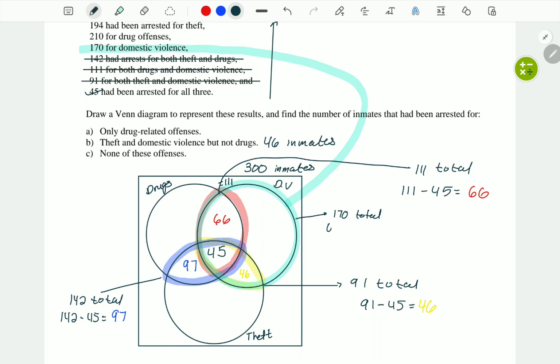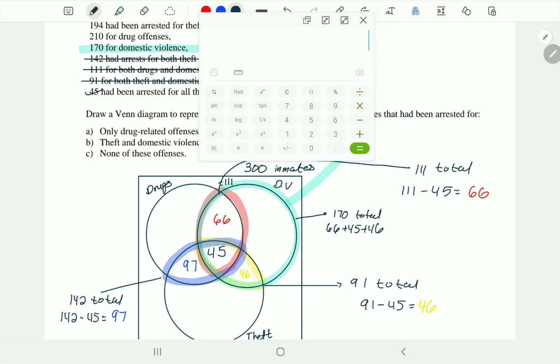So we're going to add 66 with 45 and 46, then subtract that from 170. This equals 157. So 170 minus 157 equals 13. And the 13 will go right here.